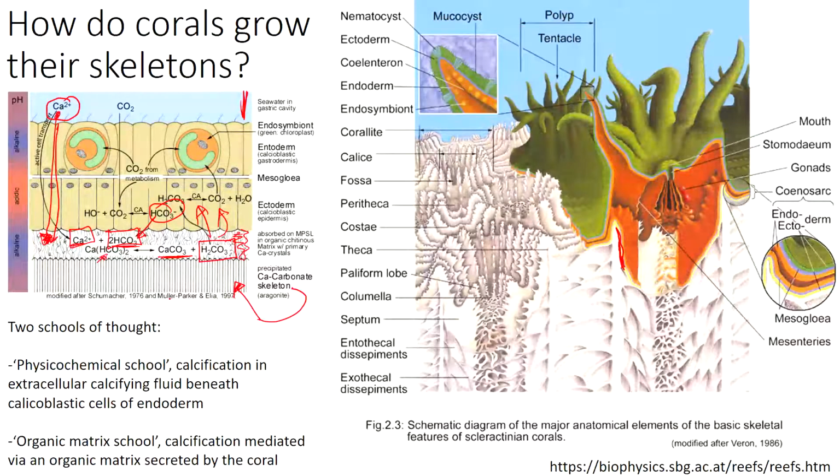The other school of thought is that the coral forms a very small fluid bubble underneath its body, and it controls the shape of the skeleton by controlling the shape of that little bubble, allowing the coral to grow into it.